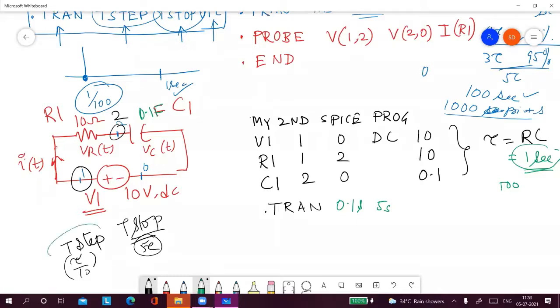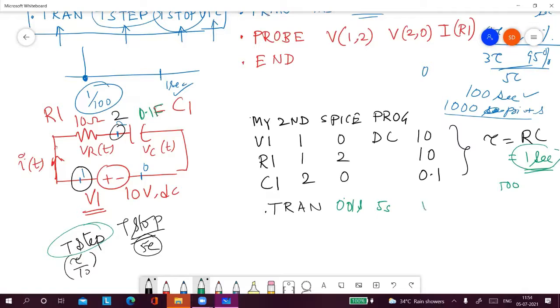I'm considering the time step; tau is 1 second, 1 by 10, so 50 points. If you want 100 points, then 5 seconds by 100. If you want to insert 500 points, it will be 0.01 second. If you take more points, it will be a smoother graph.